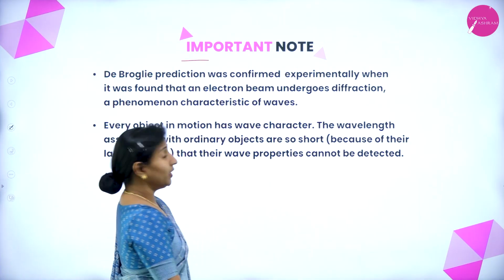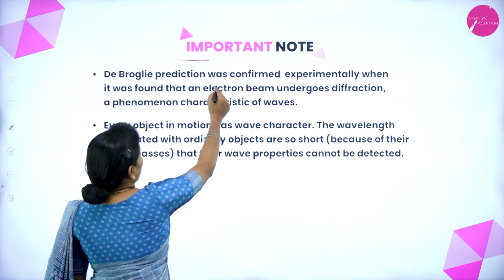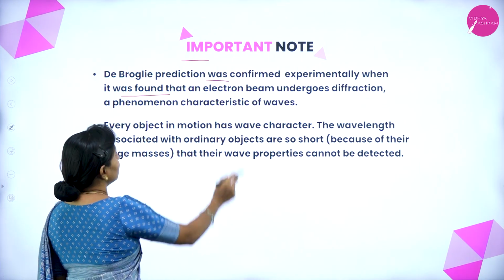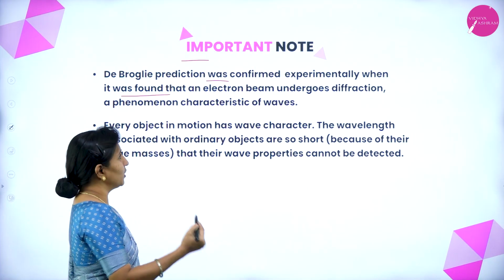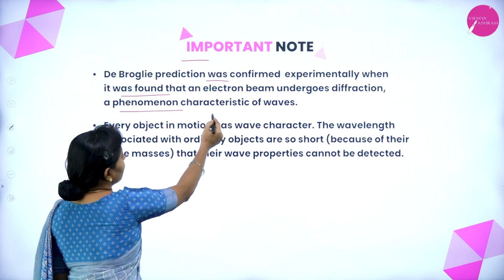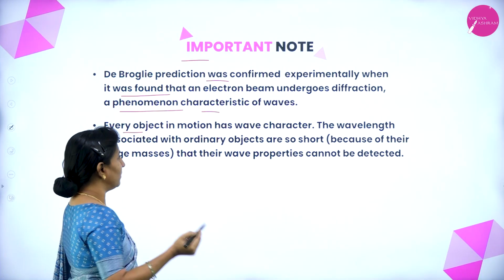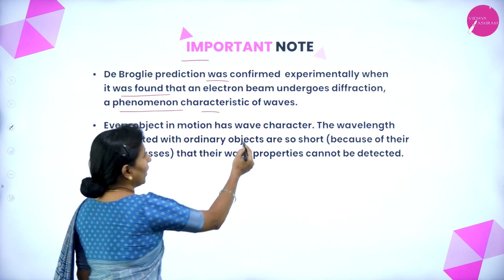Important note: de Broglie's prediction was confirmed experimentally when it was found that an electron beam undergoes diffraction, a phenomenon characteristic of waves. Every object in motion has wave character.